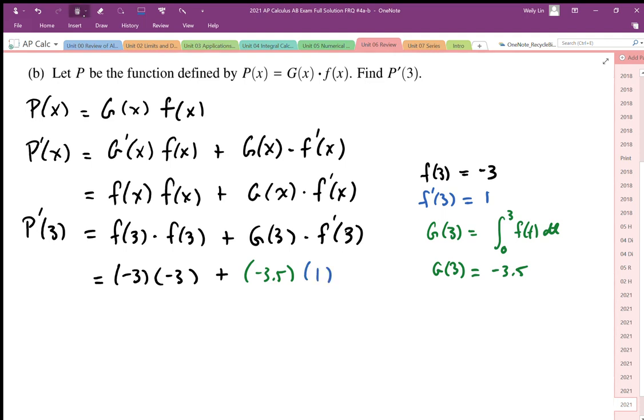Then we can calculate the rest of this. We end up with 9 minus 3.5, and that gives us a value of 5.5. So p prime at 3 is equal to 5.5. It involves differentiating the notation and also evaluating that g value as the area under the curve.